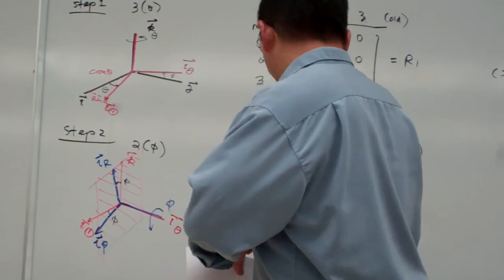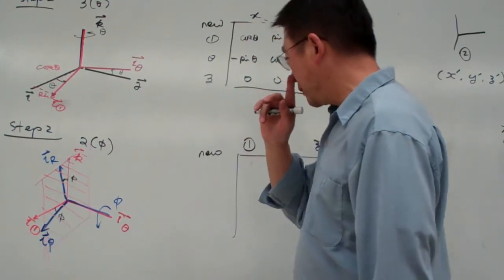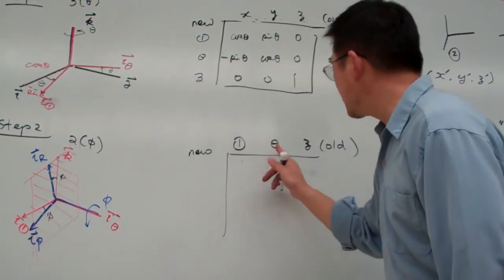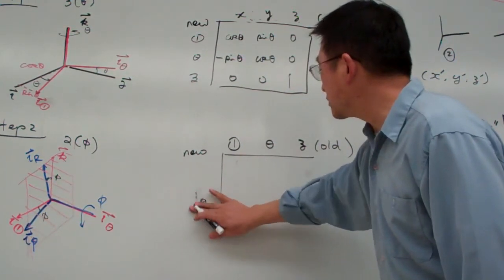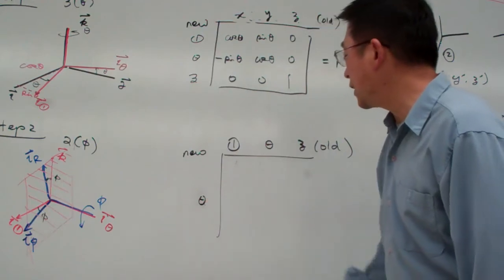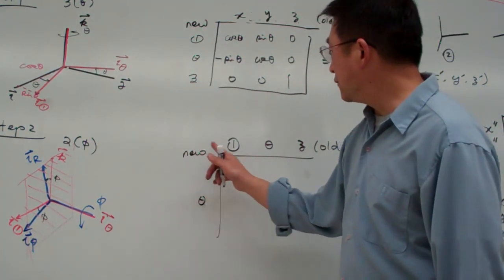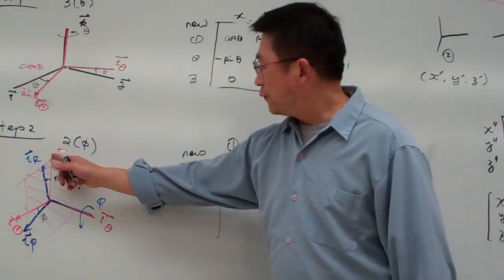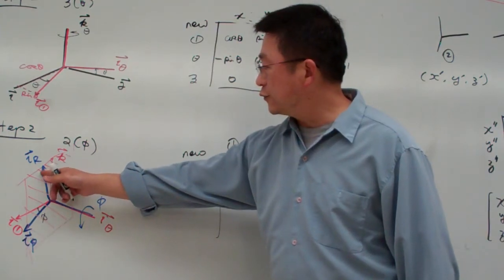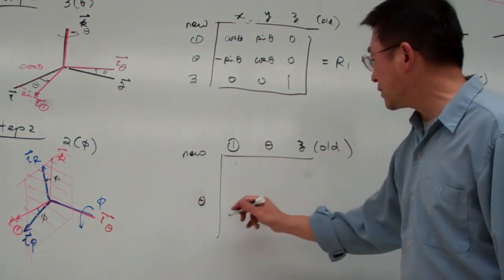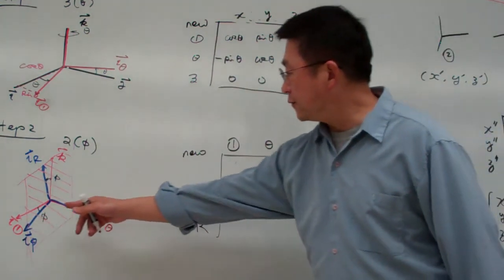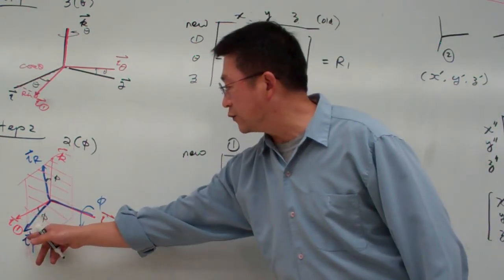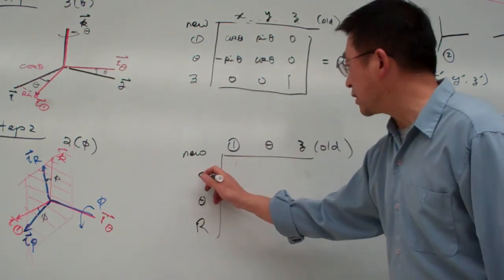So right now we simply write it down here. Theta keeps the same, so here is our i theta. The third axis, the z axis, moves to r, and the first axis moves to i phi. So that is our phi here.